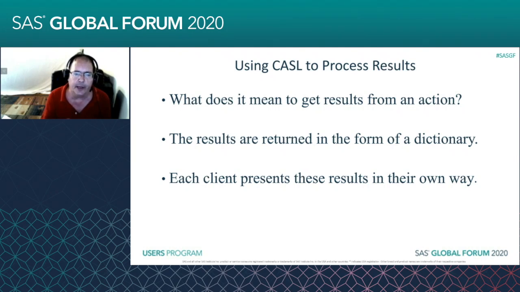Now, each client represents these tables in whatever form they choose. In Python, you use a data table. You use Pandas. In CAS, we essentially allow everything to be a two-dimensional array, and we allow you to see exactly what you got back. We don't process the information at all. We just present it to you in the form that it came.